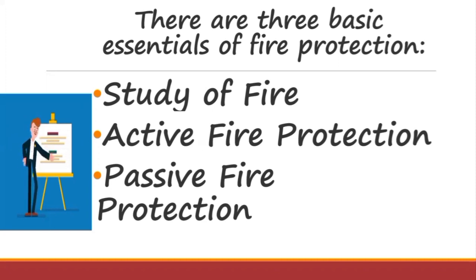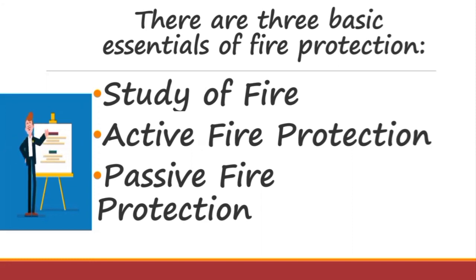That is already a part of passive fire protection because before the fire occurred, or during the construction of the building, there are already fire protections installed and employed. While designing the building, you have already placed and installed fire protection. Okay, so that is passive.